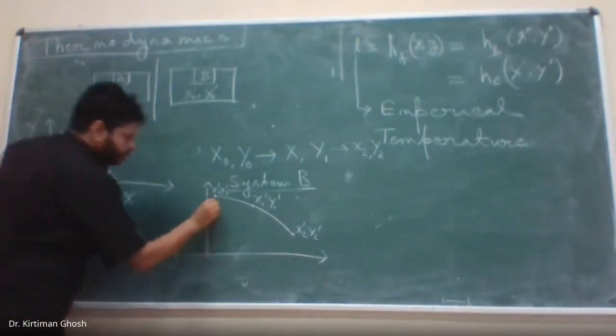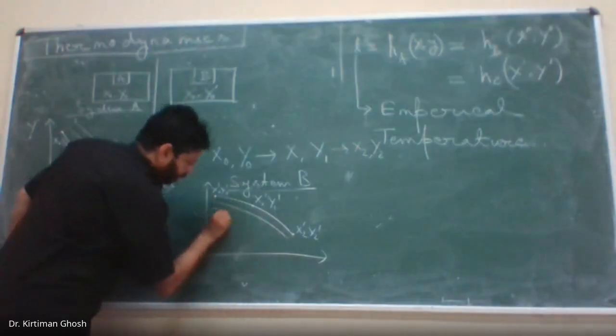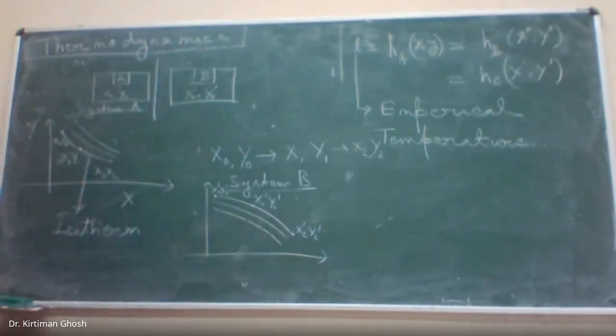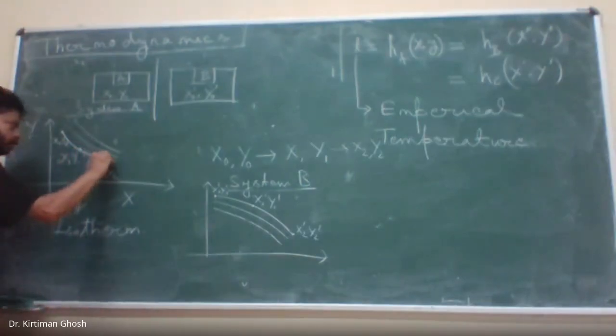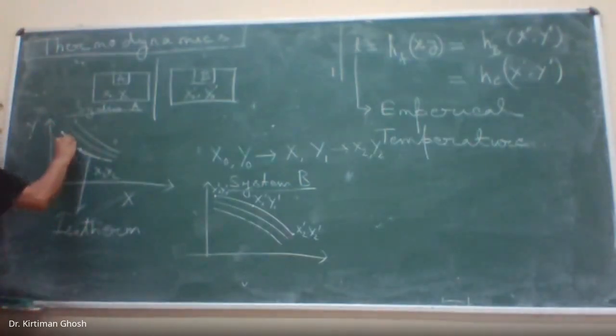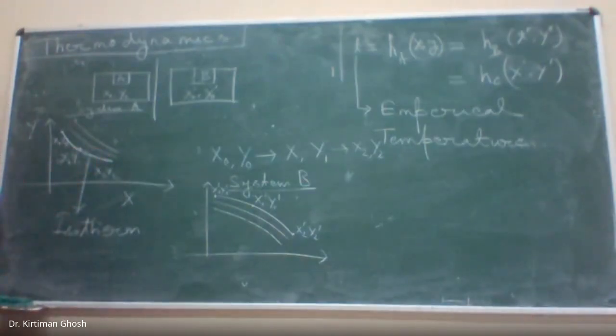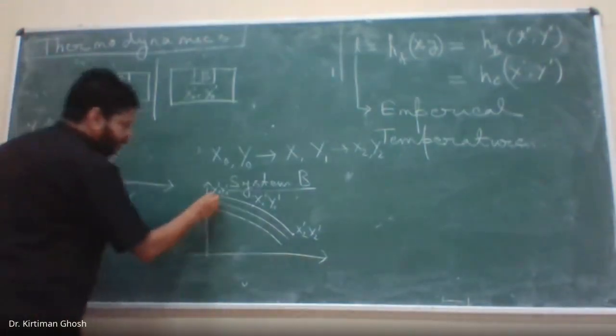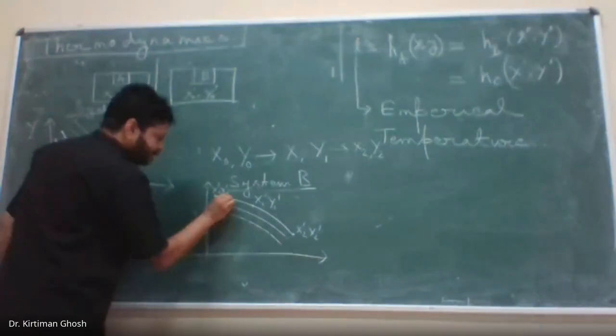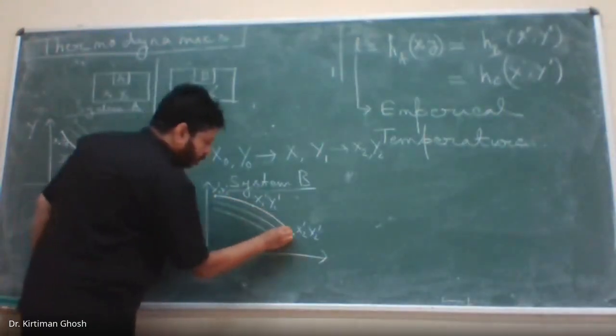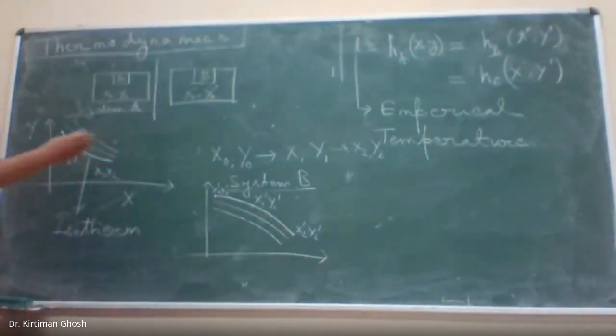Like this, for B also I will get different isotherms. But what I can say is that all the points on this line, all the states specified by points on this line, will be in thermal equilibrium with all the states specified by points on this line for system B.